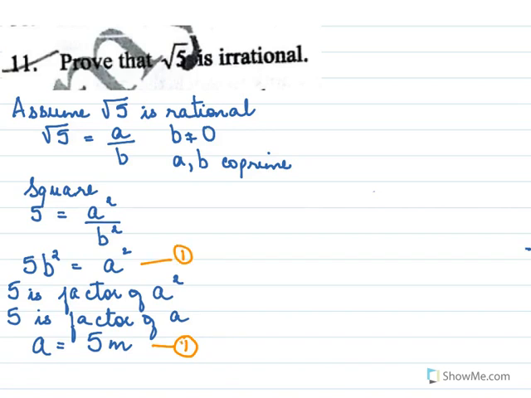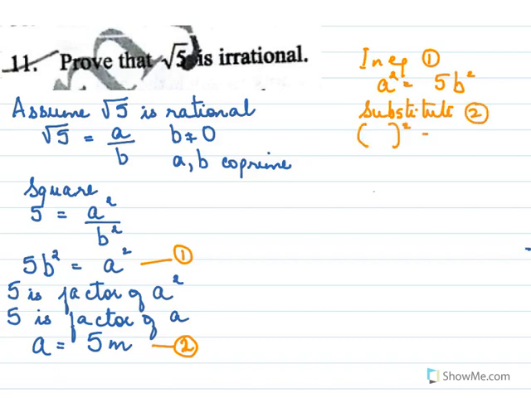I call this equation 1 and this equation 2. So in equation 1, which is a square equal to 5b square, substitute 2. For a square I'm going to put 5m square, because it is given that a equal to 5m.